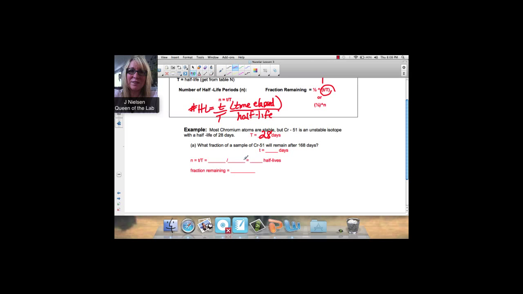It says, what fraction of a sample of chromium-51 will remain after 168 days? Well, the total time is 168 days. So the number of half-lives is 168 divided by 28. That's following this formula: the time elapsed, 168 days, divided by the half-life, is equivalent to 6 half-lives.